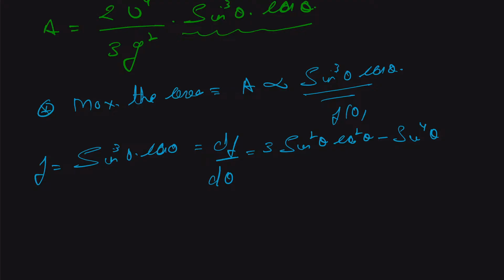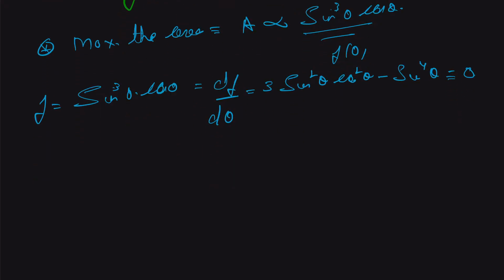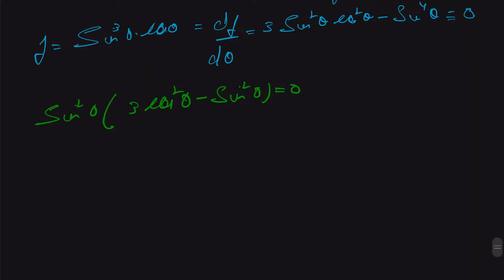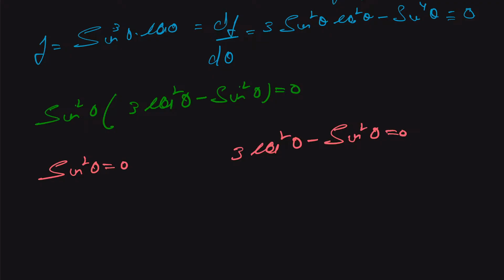And obviously we can say this is equal to 0, and we can take sine square theta as common, so we are left with sine square theta times 3 cos square theta minus sine square theta is equal to 0. So from here we can say that sine square theta is equal to 0, or 3 cos square theta minus sine square theta is equal to 0.